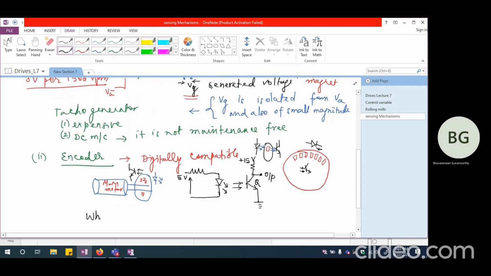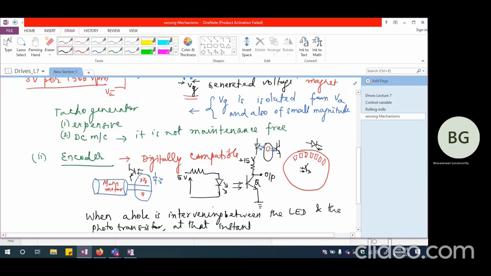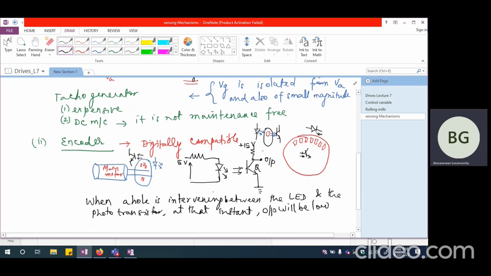So when a hole is intervening between the LED and the phototransistor, at that instant the output will be low because this resistance will carry a current, because of which the output is going to be low or ground level.